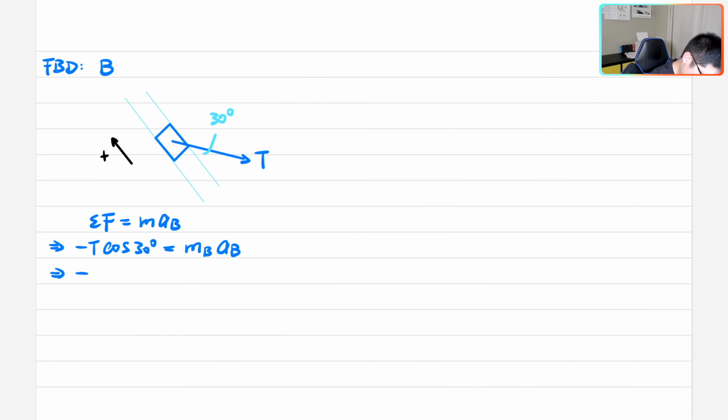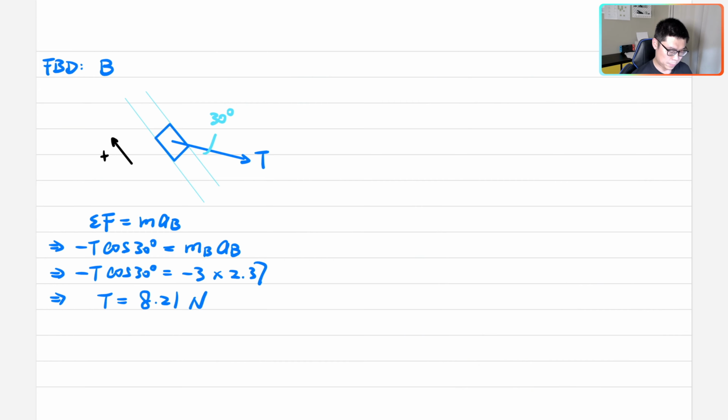Subbing the numbers here, m_B is 3 and a_B is 2.37 as we calculated from the previous page, and the negative sign is carried over from the previous page as well. Therefore, we've got T equals 8.21 Newtons in the bar. And this is the only force that B is experiencing.